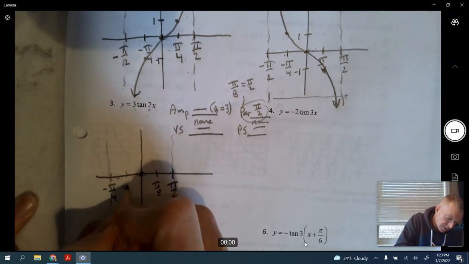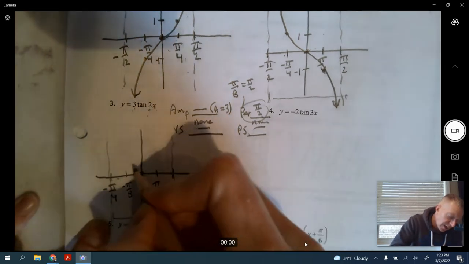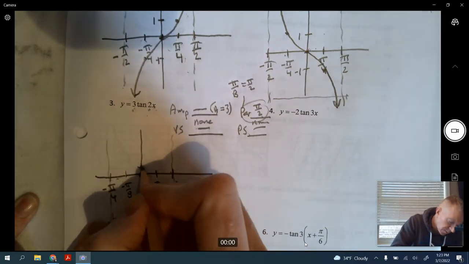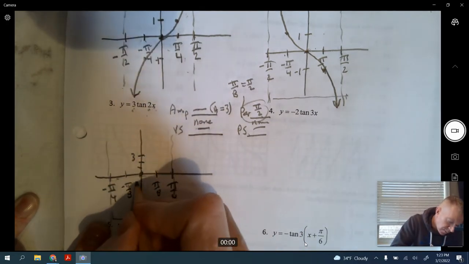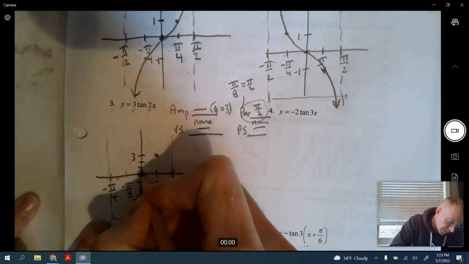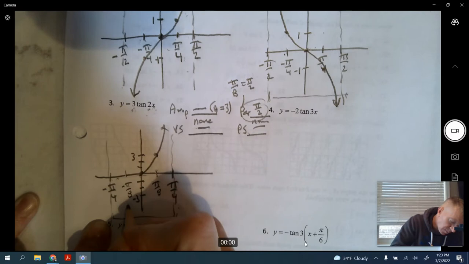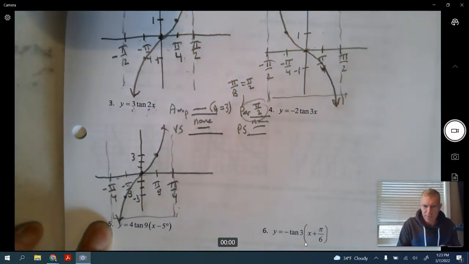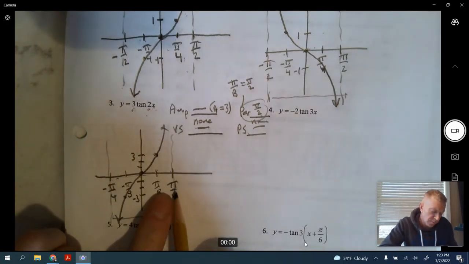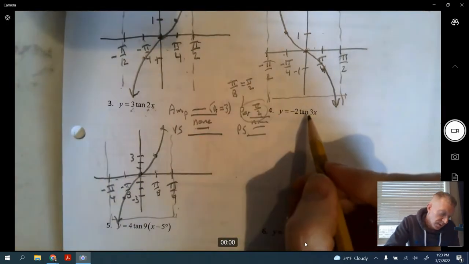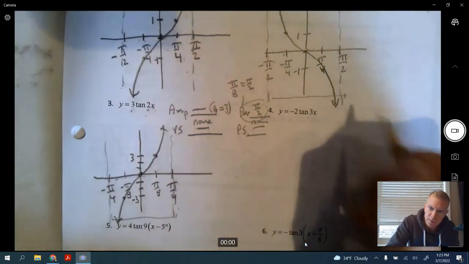Halfway to negative pi over 4 is negative pi over 8. And our y value here is not at 1, it is at 3 because our a value is 3. So 1, 2, 3, and 1, 2, 3, negative 3. So at this quarter mark, you're at 3, and at this quarter mark, you're at negative 3. There's one cycle of your tangent graph. You could graph another cycle that would go from pi over 4 to 3 pi over 4 for a second cycle.